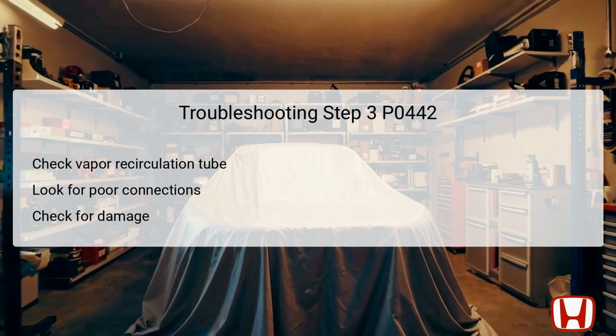For step 3 of the troubleshooting process, focus shifts to the fuel tank vapor recirculation tube. Inspect this tube for any poor connections, which could lead to leaks, and examine it for signs of physical damage that could impede its performance. A faulty tube will fail to direct vapor back into the intake system correctly, leading to pressure issues within the EVAP setup.